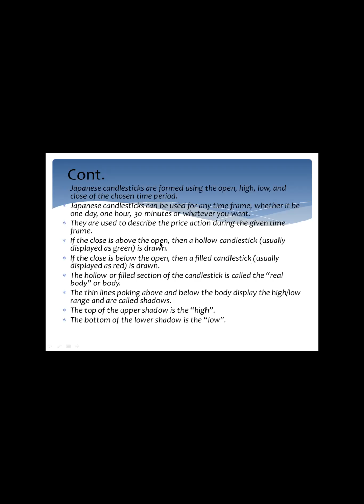If the close is above the open, then a hollow candlestick, usually displayed as green, is drawn, and vice versa. The hollow or filled section of the candlestick is called the real body or body. The thin lines poking above and below the body display the high-low range and are called shadows or wicks or tails. The top of the upper shadow is the high and the bottom of the lower shadow is the low.